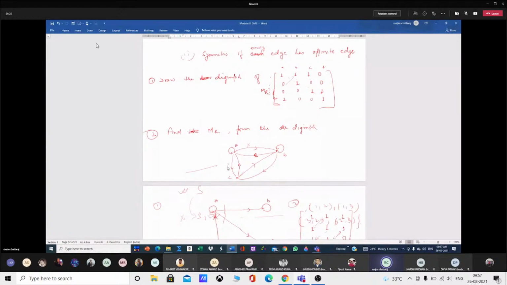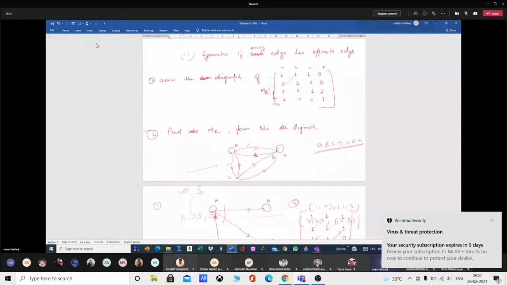What is the method of symmetry? Symmetry means if A is R related to B, implies B must be R related to A. This is the condition for symmetricity, but not for all A, B. So if there is an opposite edge, then it is symmetric, otherwise it is not symmetric.